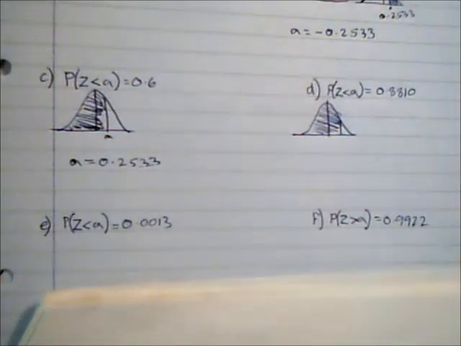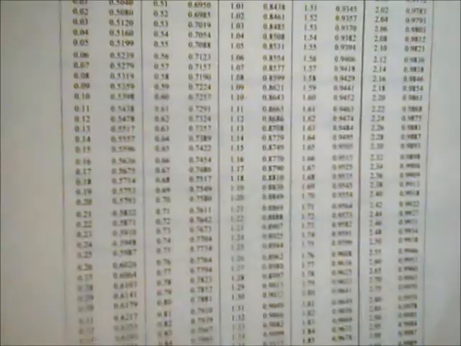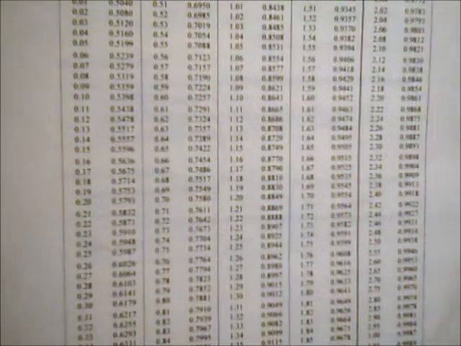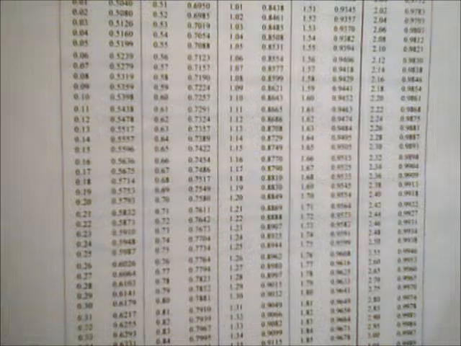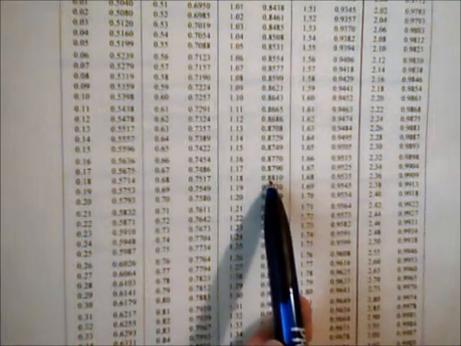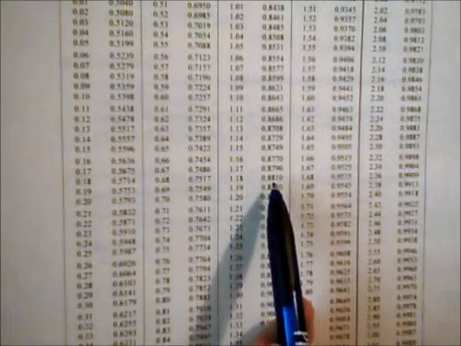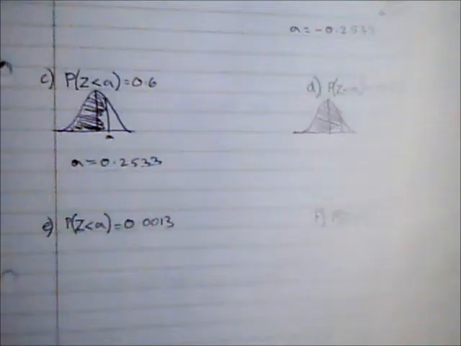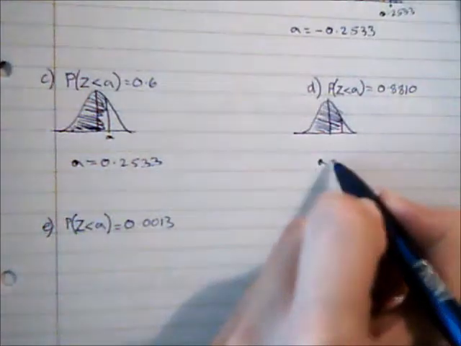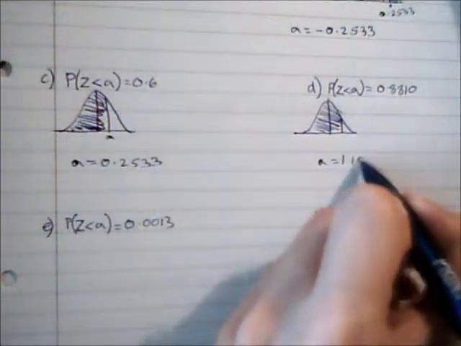So I'm going to look in the probability column of this large table, and if I can't find 0.8810, I'm going to find the closest value to it. But I can see here there is a probability of 0.8810, which is a z value of 1.18. So here I've got a equals 1.18.